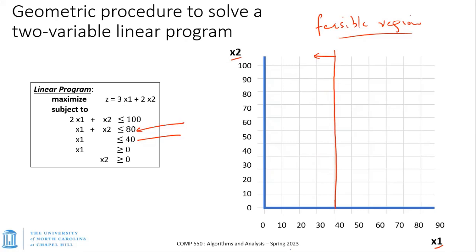What are the 2 points that it would go through? Yeah. So clearly it's going to go through these 2 points. Okay, so this is a line which goes like this. And the region has to be less than or equal to 80, so it's going to be this particular region.